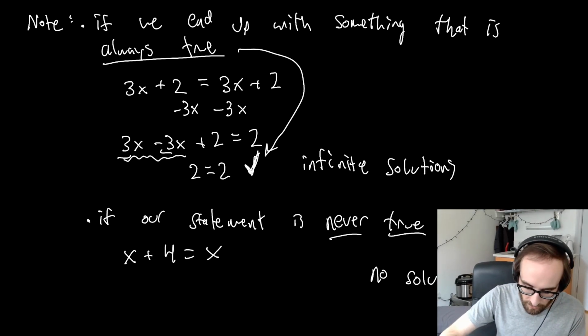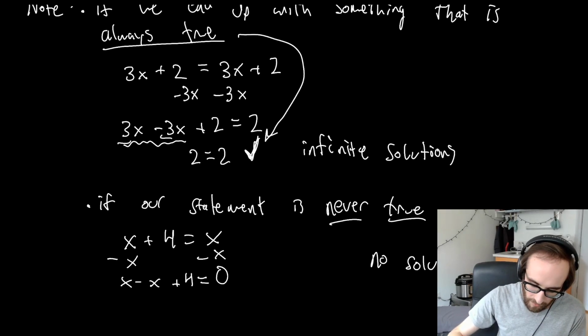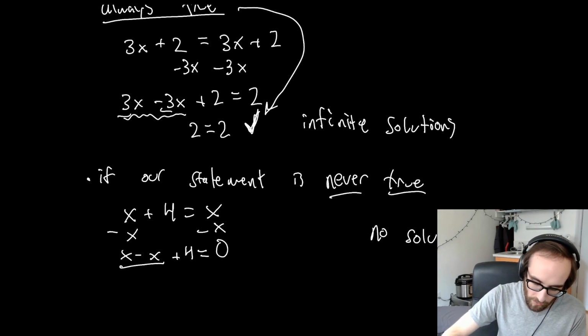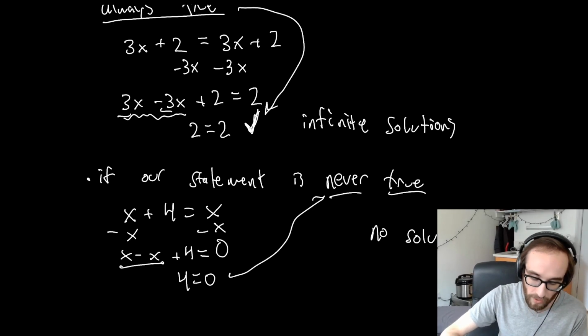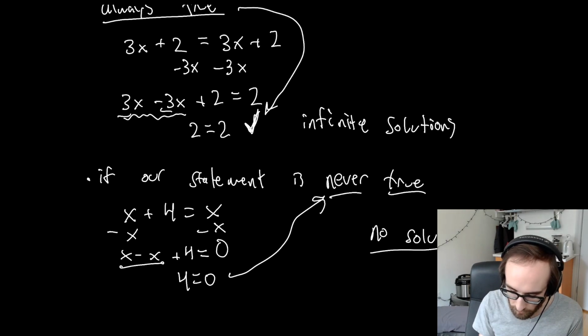So in this case, we could start off by subtracting x from both sides. So x minus x plus 4 equals, on the right side, we end up with 0. And then we see, if we do x minus x, we get 0. We have 4 equals 0. And this statement, 4 equals 0, is never true. 4 is never equal to 0. So in this case, we have no solutions.